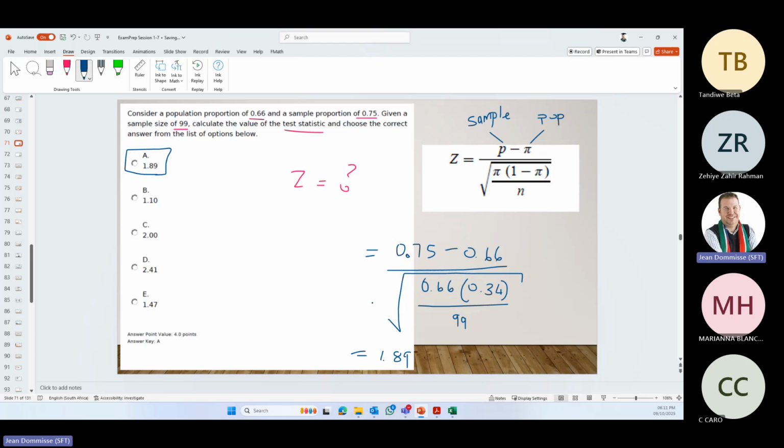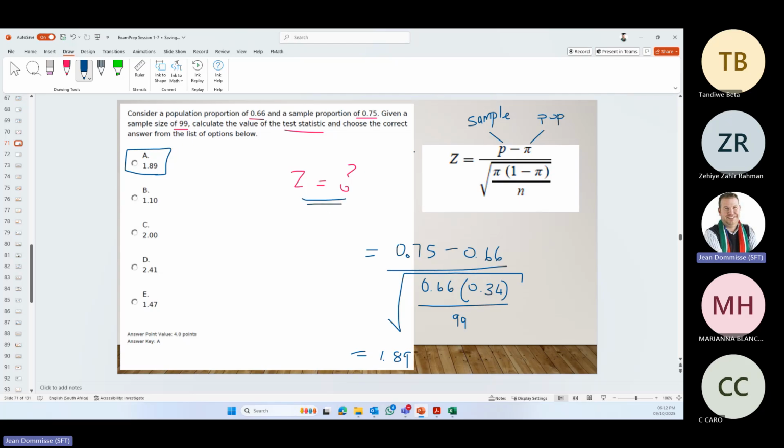Okay, so no easy way here to have eliminated anything. If there was a negative, yes, then I can eliminate a negative, but you need to follow the process of using this formula to get the Z.